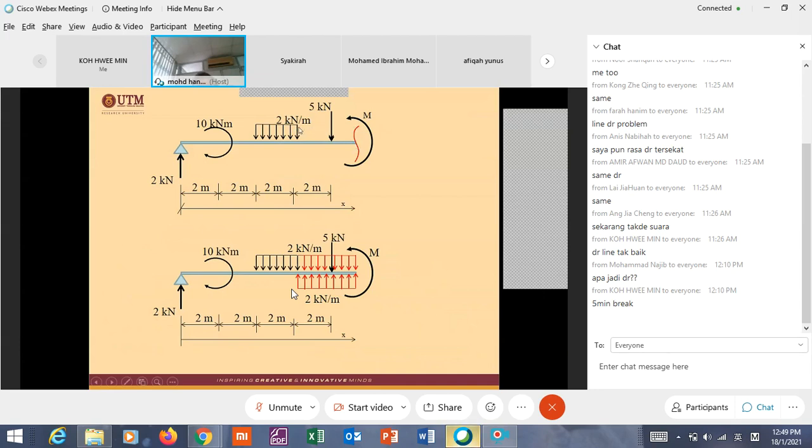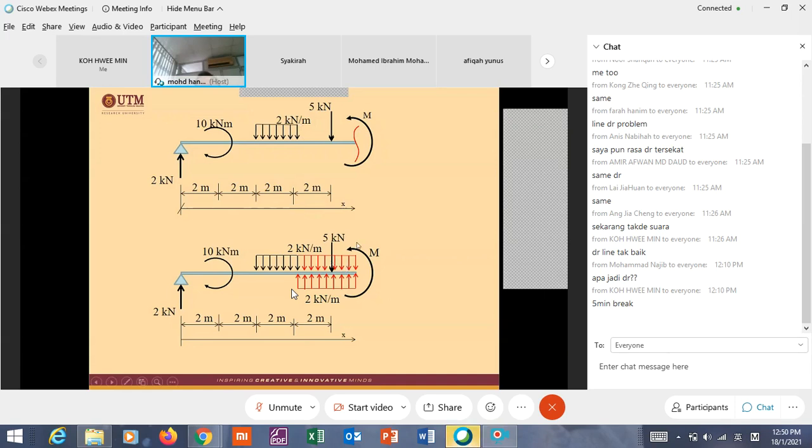Since you extend or add another virtual loading, then you have to counter with another loading in the opposite direction so that it will be back to the original condition.